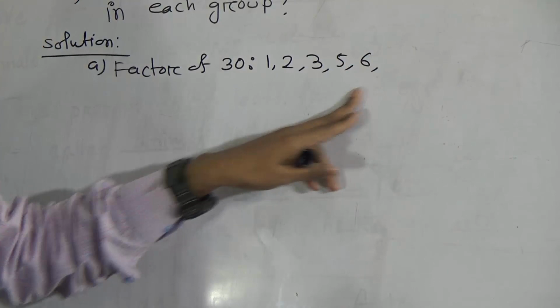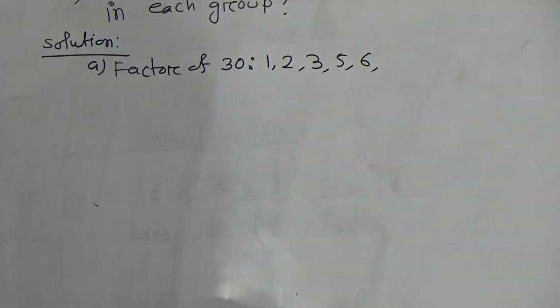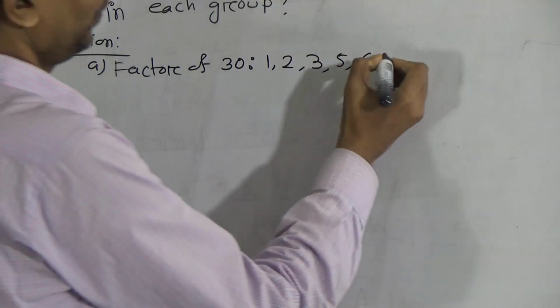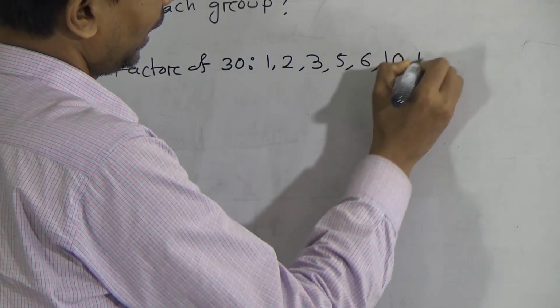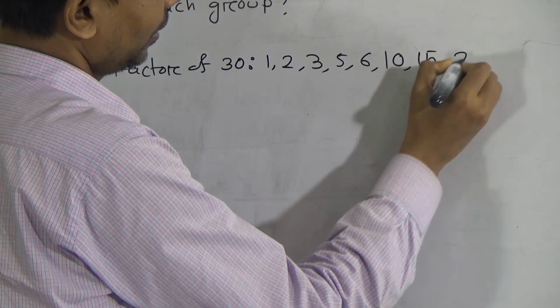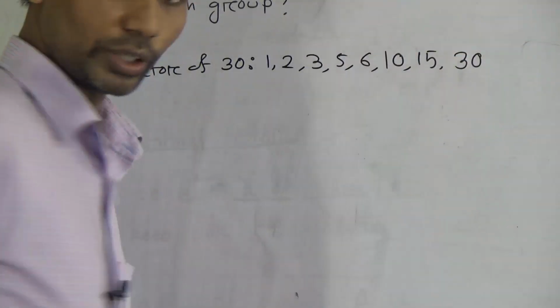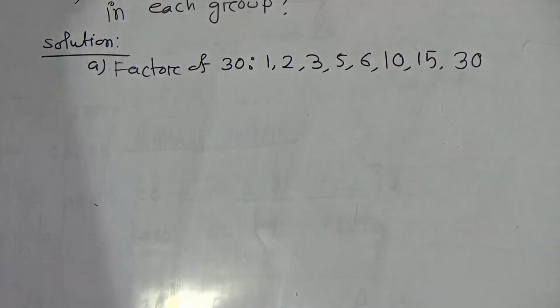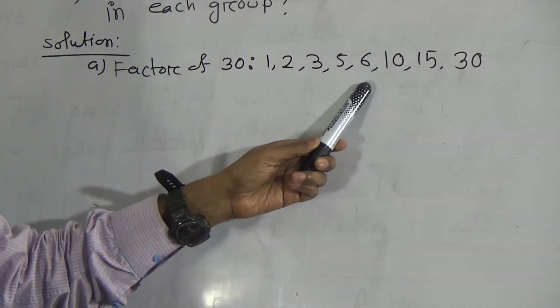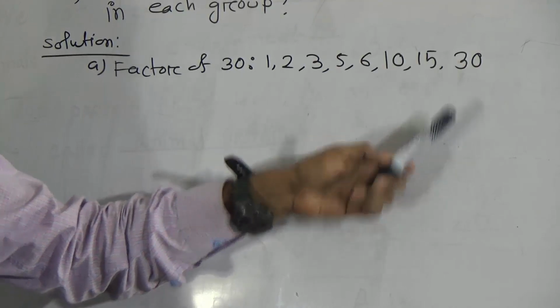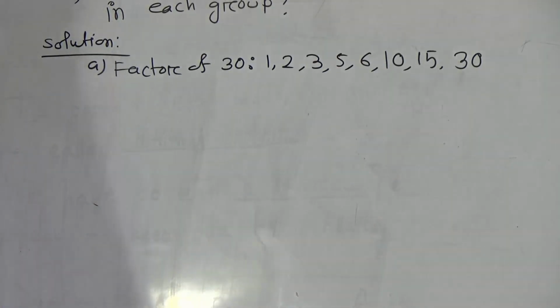By these, 30 is divisible. Then 10, then 15, then 30. What are the factors of 30? 1, 2, 3, 5, 6, 10, 15 and 30. This is the factors of 30.